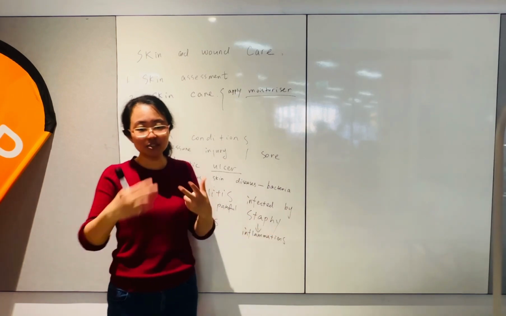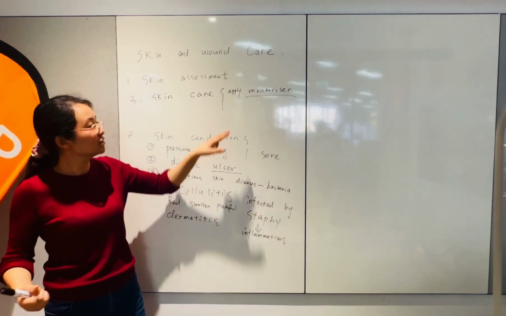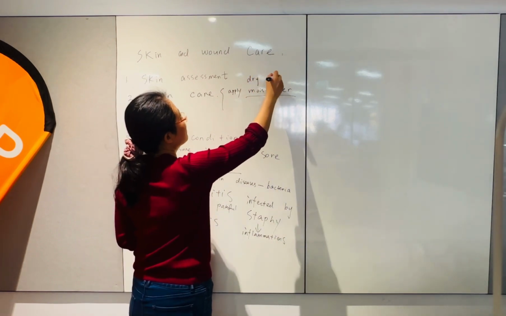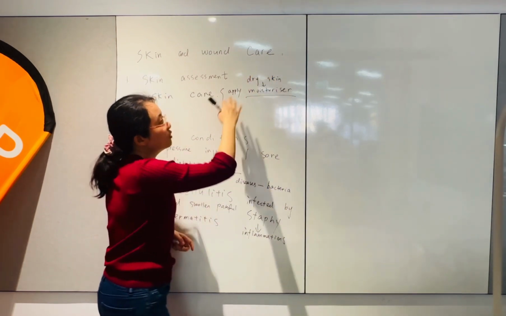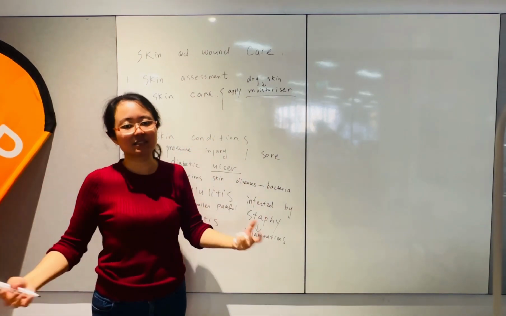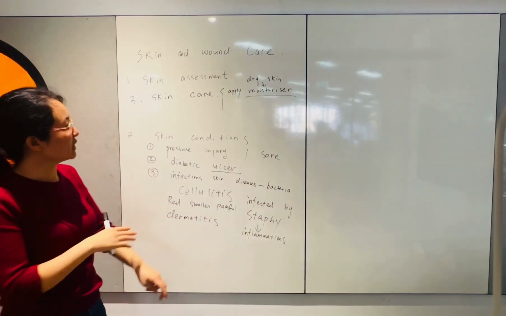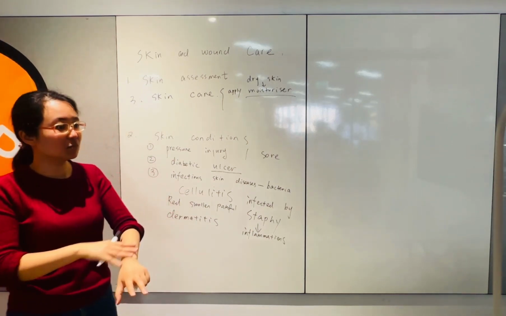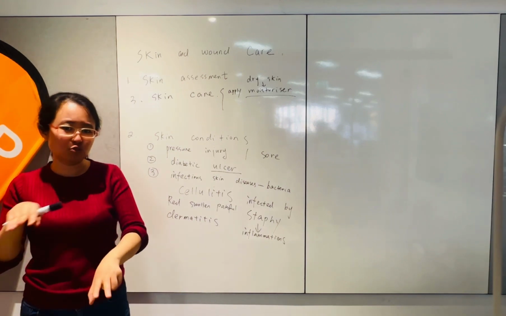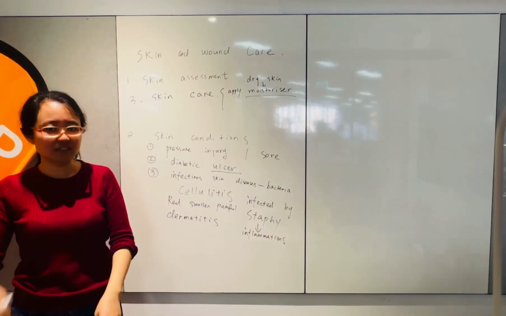So for patients with dry skin, apply moisturizer and creams to hydrate the skin and increase the moisture. If the skin is too dry, it is very easy to break down.